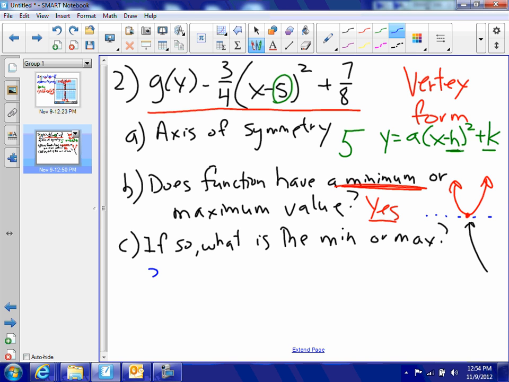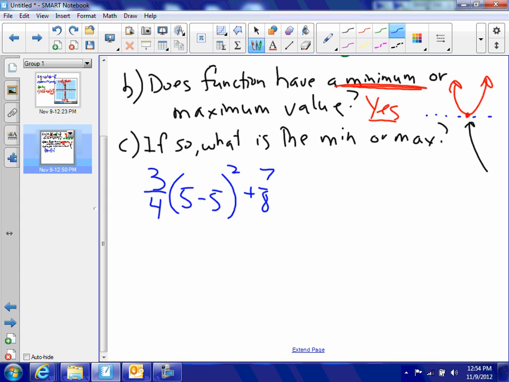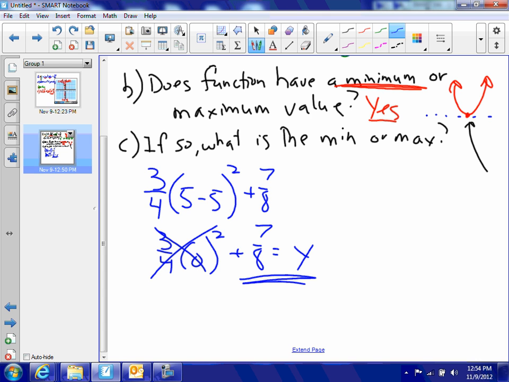So let's go 3/4 times (5, our x value, minus 5) squared plus 7/8. Well, 5 minus 5 is 0, so 3/4 times 0, I don't care if it's squared or not, this is going to be 0, plus 7/8. So our y value is going to be 7/8 at our vertex. That is our minimum.